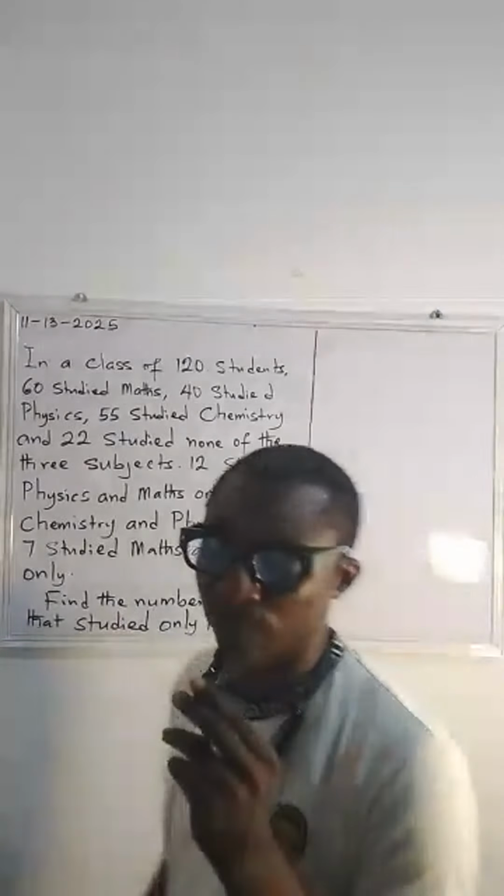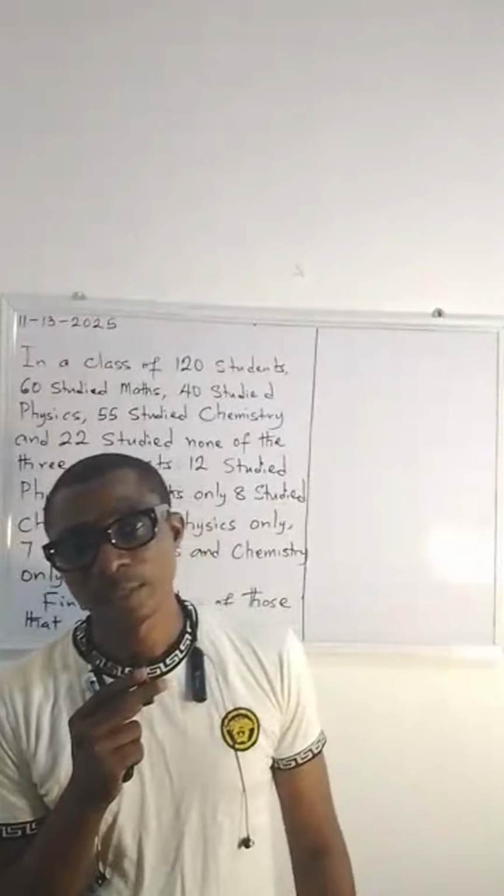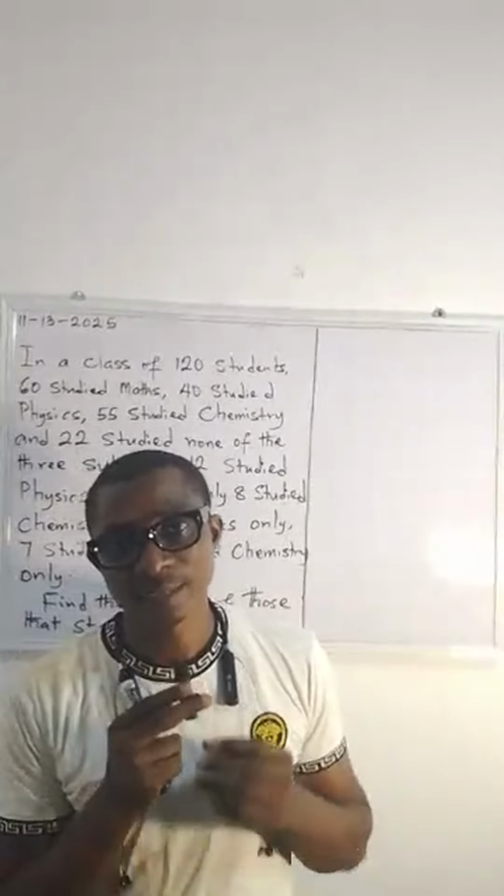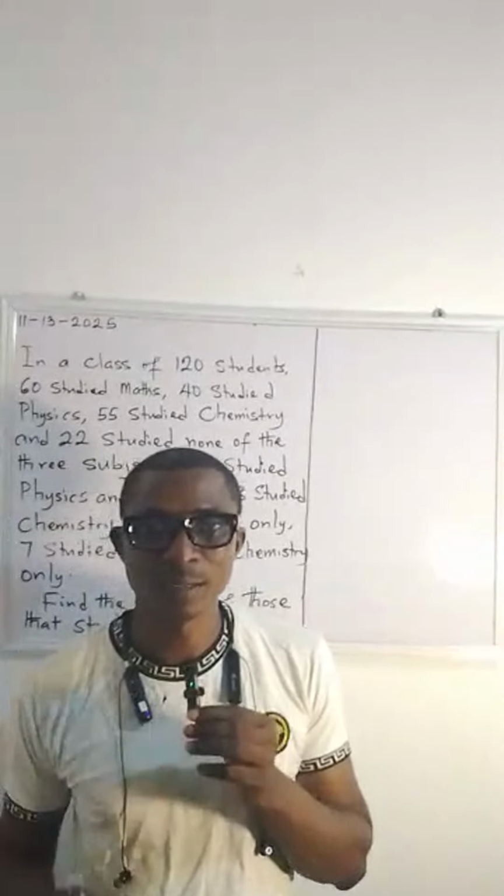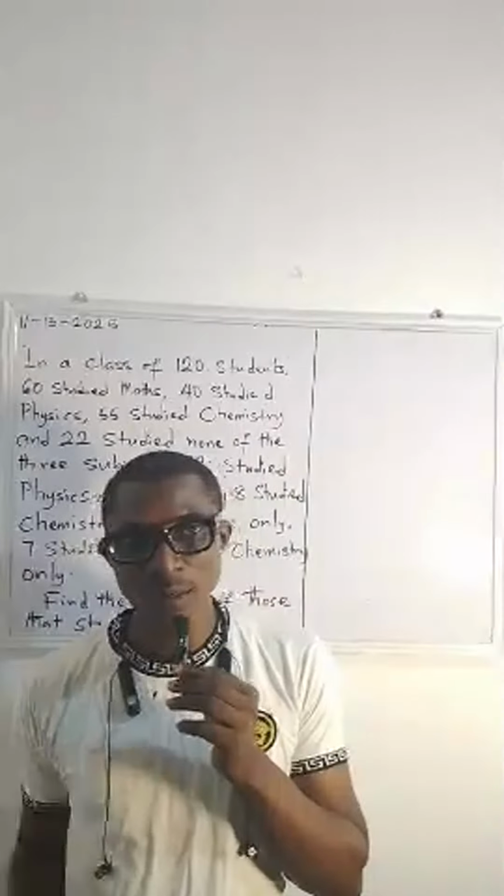And don't forget, at the beginning of this topic, we defined what set theory is all about. Now, we said that a set is a collection of well-defined items. So when we talk about set, we are talking about a collection of items that are well-defined.